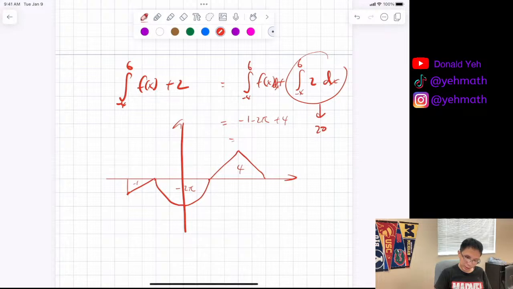So be -2 pi plus 23. Is that right? I got 22. We got -2 pi plus 23. Is that an answer? Do you understand it? Which part you don't understand?